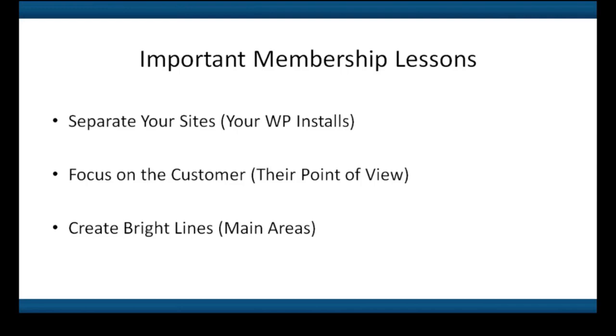The reason for that is you probably wouldn't want Memberium on your e-commerce install, just because it's going to slow down your pages a little bit. We obviously optimize all we can, like you saw there, but you still don't want your conversion pages slowed down. You want those as quick as possible. Separating your sites means you don't have too many plugins bogging down one site, or membership plugins needlessly bogging down your e-commerce site.